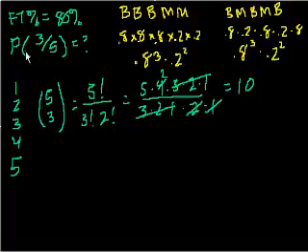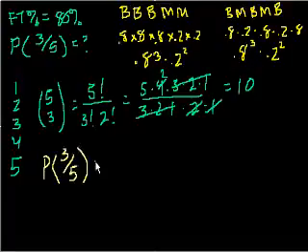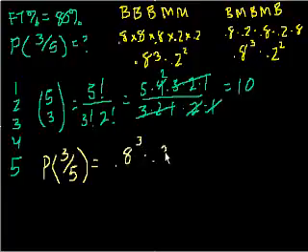So essentially, the probability of getting exactly 3 out of 5 baskets, if I am an 80% free throw shooter, is going to be the probability of each of the combinations, which is 0.8 to the third times 0.2 squared.